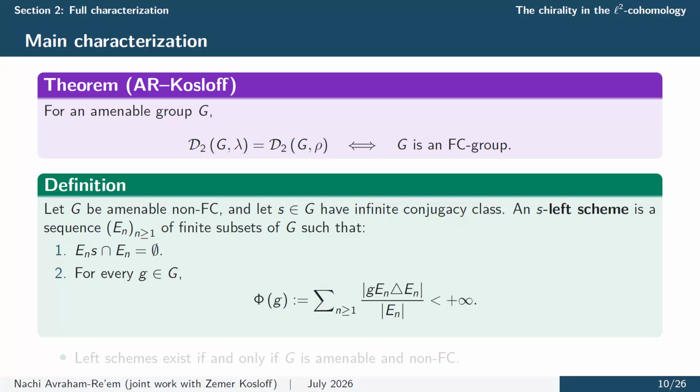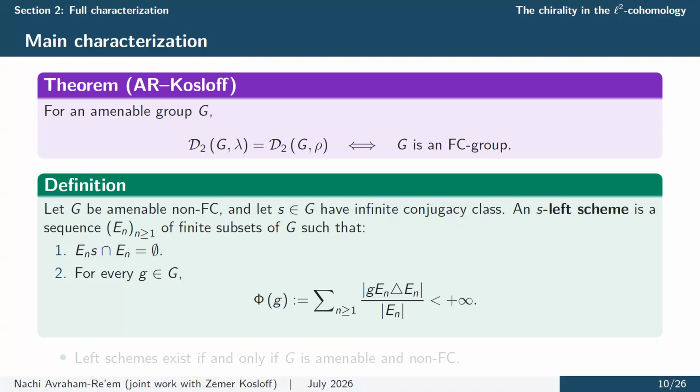On the other hand, for every group element G in G, if I translate this set by G from the left, then it's kind of small. Not only small, but summably small. What does it mean? I compare En before and after I translate it by G, compare it to the original size of En, and I get that over n, all those extra elements that I got is summable.